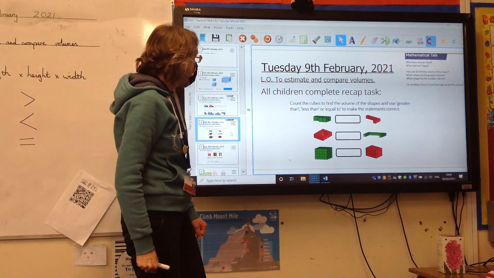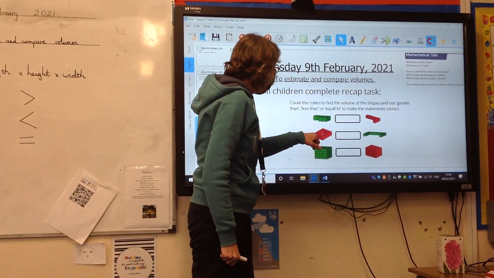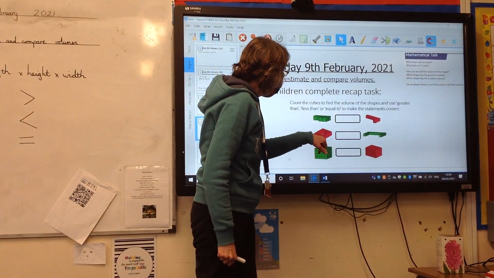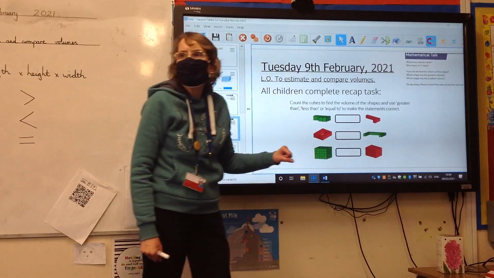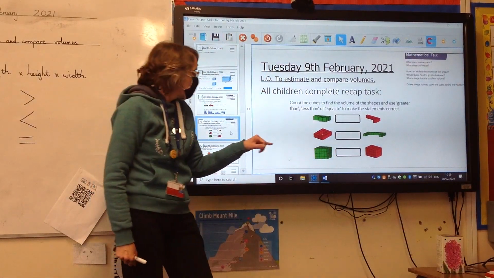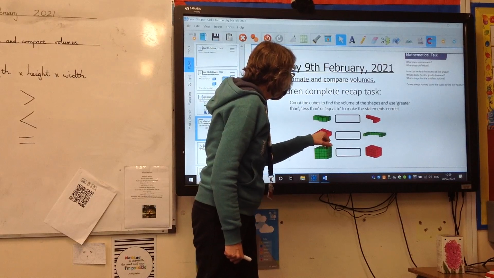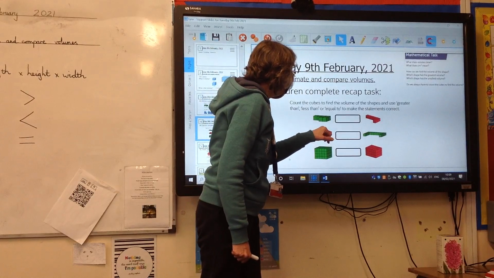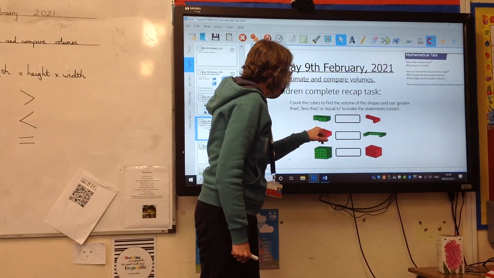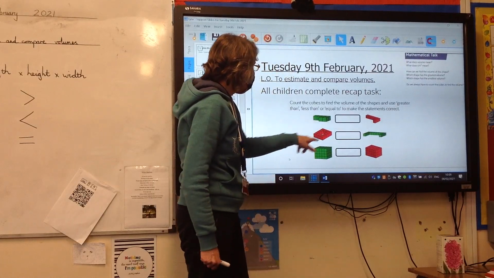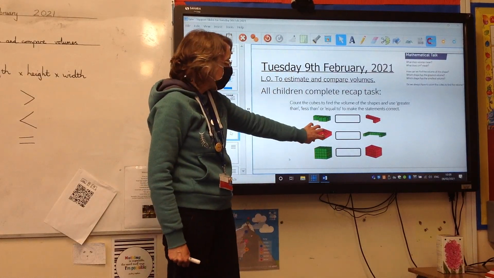Good, okay. Right, have a look at the cubes on this one. How many cubes do you think there are? Let's go together: 1, 2, 3, 4, 5, 6, 7, 8, 9, 10, 11, 12, 13, 14. You have to be careful not to count more than one. So that's 14.